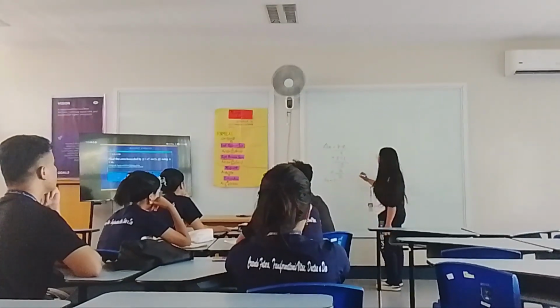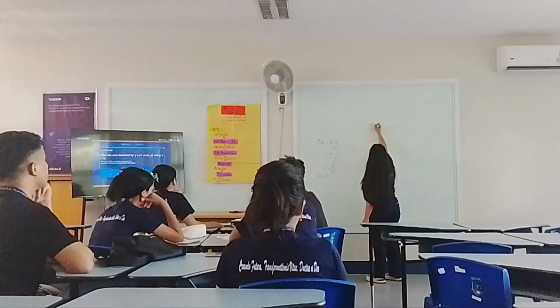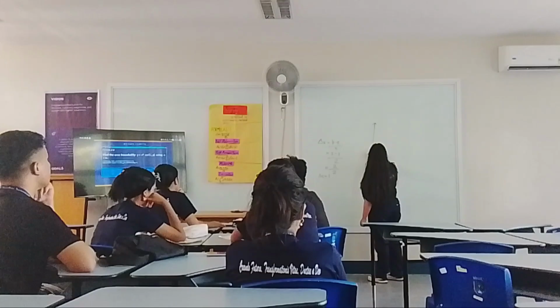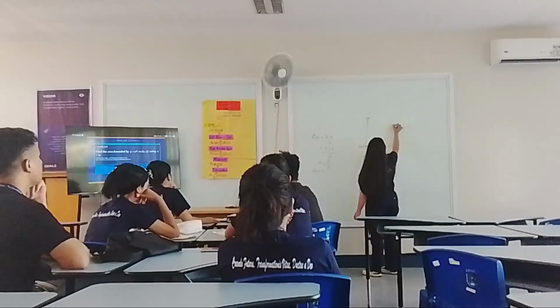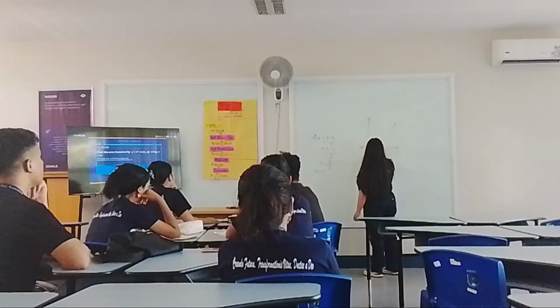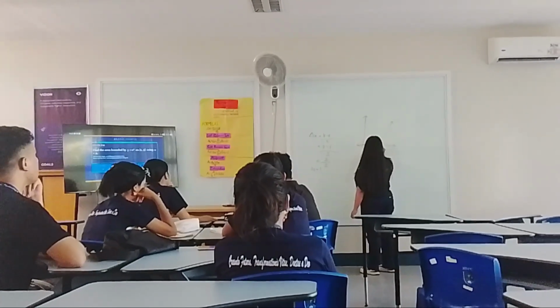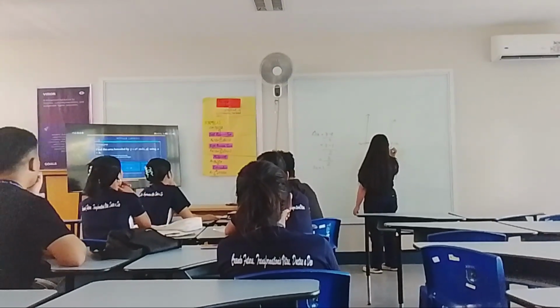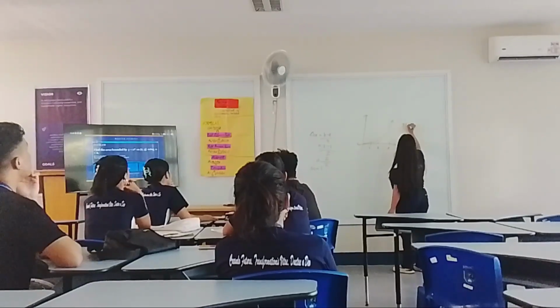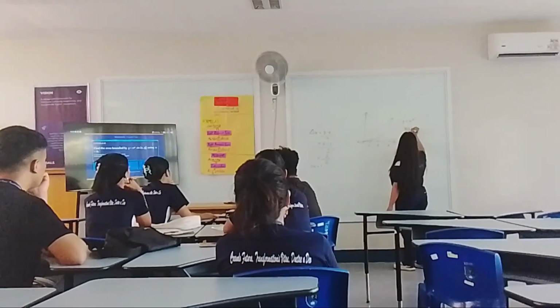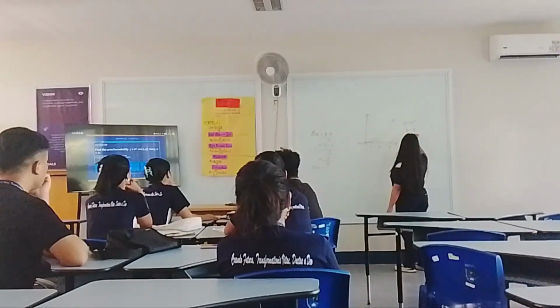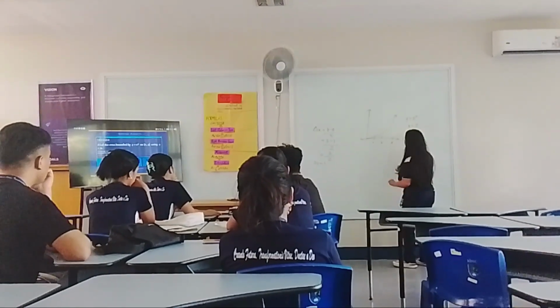Now that we have our delta x, we'll start drawing the graph. Y is equal to x cubed and our n is 2. Our delta x is 1.